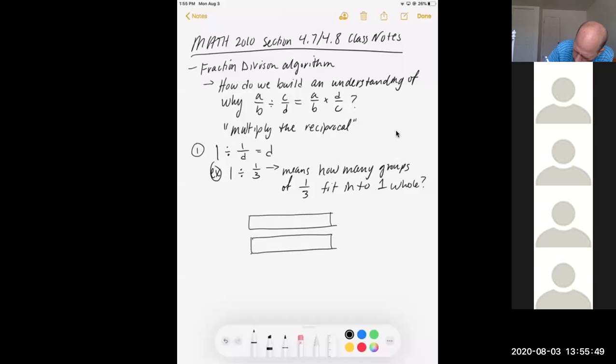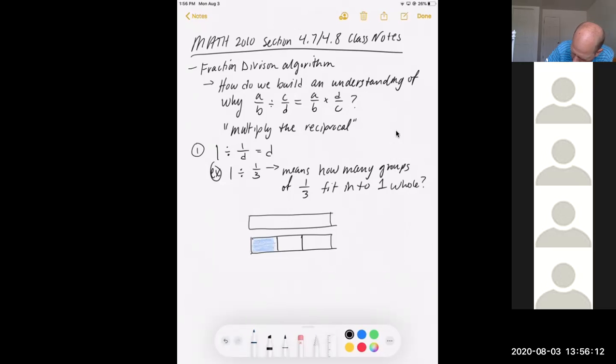So I'm going to draw 1/3 here as a reference. And so here's 1/3. And then you see how many of those fit into my whole here.